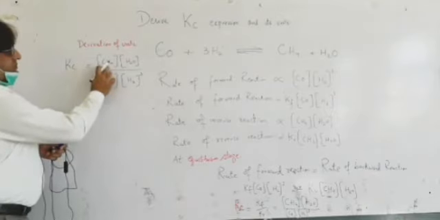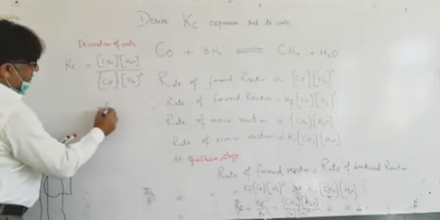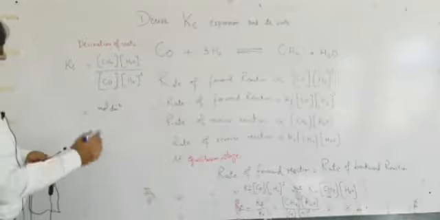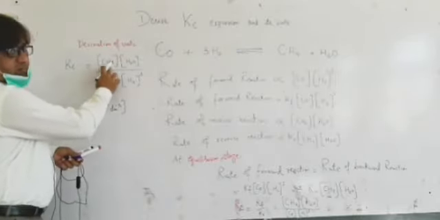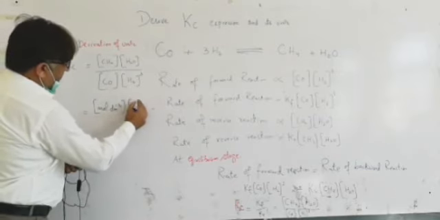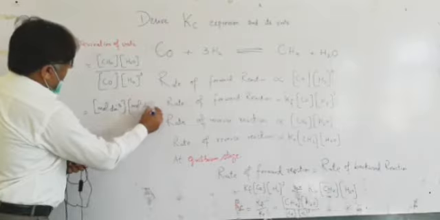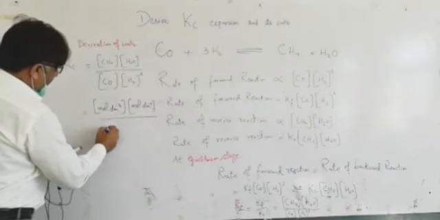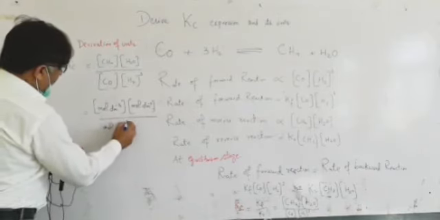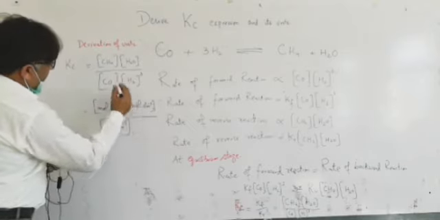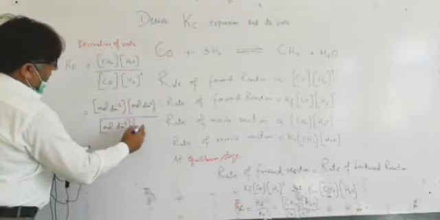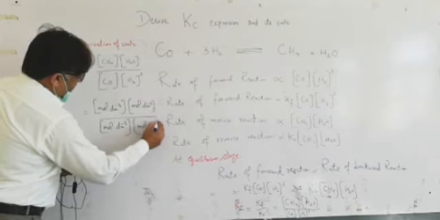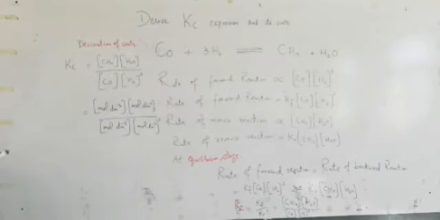Mole per dm³ for CH4, mole per dm³ for H2O, divided by mole per dm³ of CO, and keep in mind that mole per dm³ of H2 has an exponent, right?